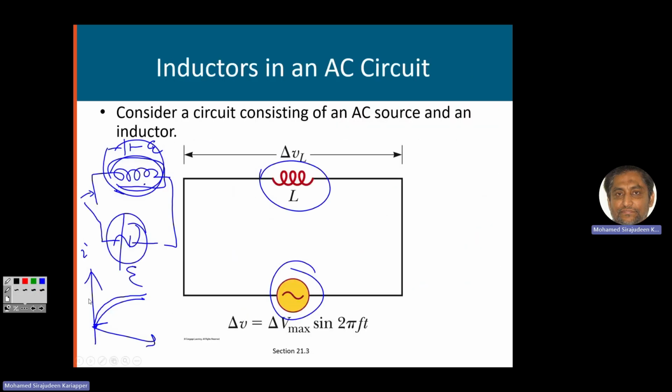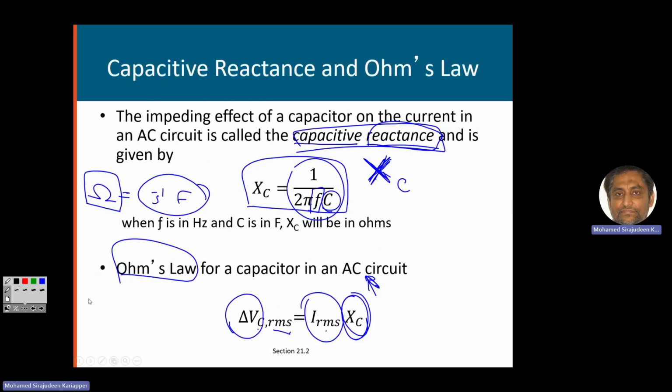Now, I talked about this. One over per second farad is ohms, not second per farad, because the whole thing is underneath. So one over second inverse farad is equal to ohm.